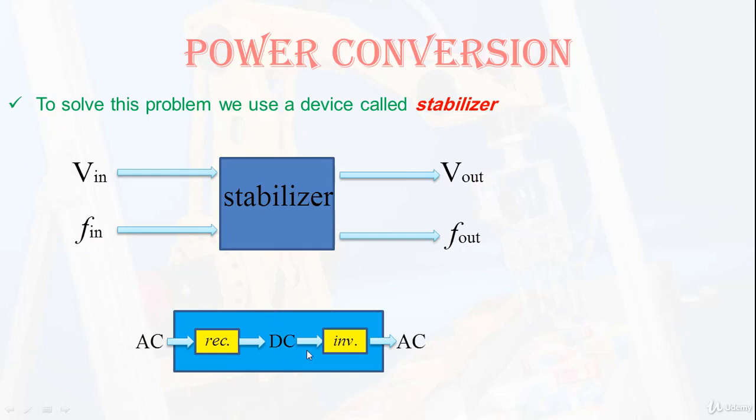So the internal design of the stabilizer is that it converts the AC power using a rectifier to a DC power, and it turns the DC power again using an inverter, which we have illustrated, to an AC power again, but with our needed voltage and needed output frequency.